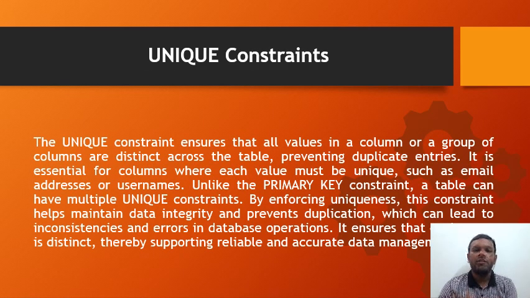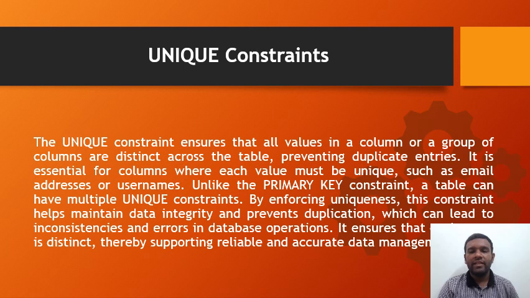The next is about the unique constraints. The unique constraint ensures that all values in a column or a group of columns are distinct across the table, preventing duplicate entries. It is essential for columns where each value must be unique, such as email addresses or usernames.